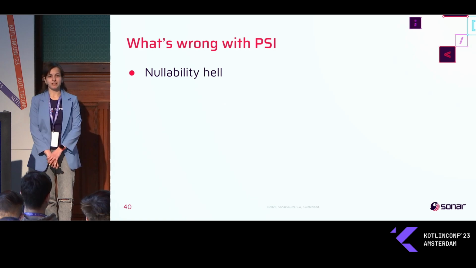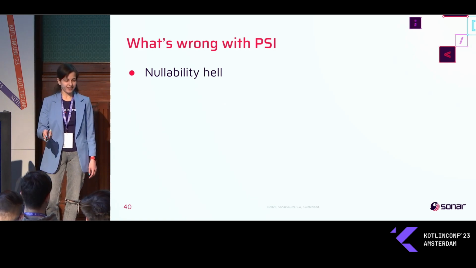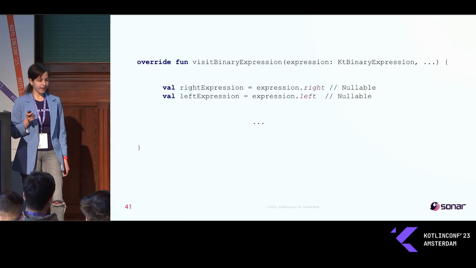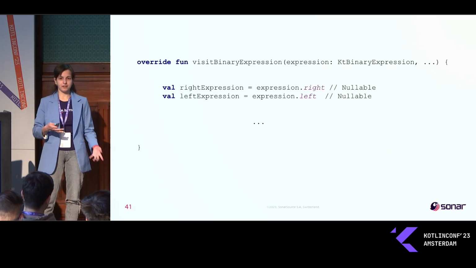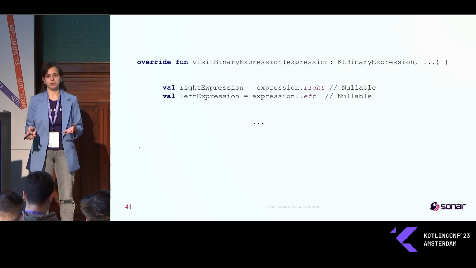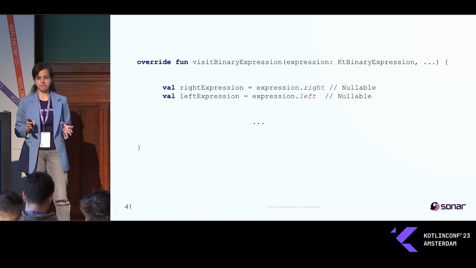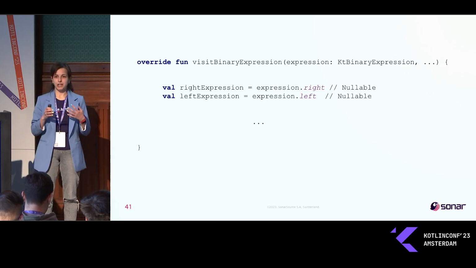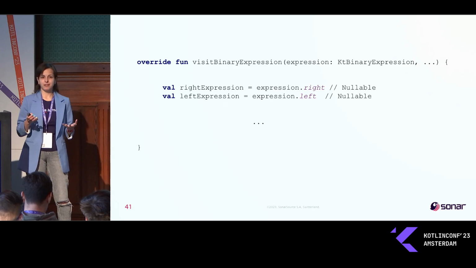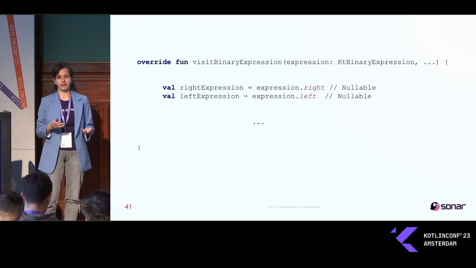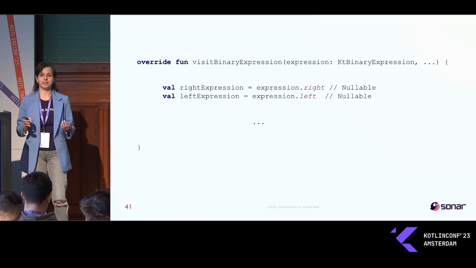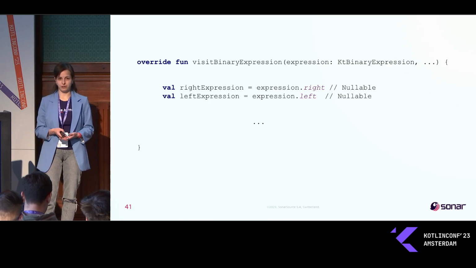The first problem is nullability hell. What is it? When we are writing some analysis rules, and for example, we want to visit a binary tree, in our case, if the binary tree was not parsed, we could never actually reach the check, because that's how our analyzer works.